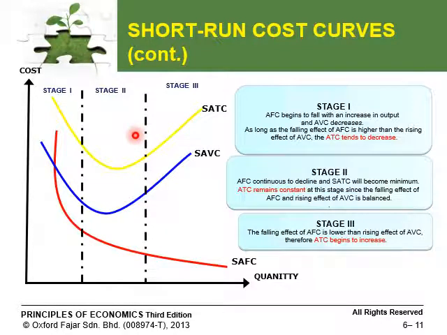When the production decreases in the third stage, it will increase the average variable cost back. That is the reason why the shape of the average variable cost becomes increasing after they reach their minimum point over here in stage 2.